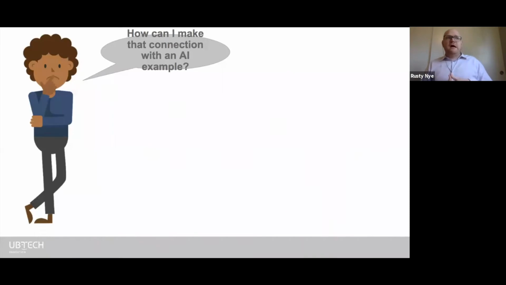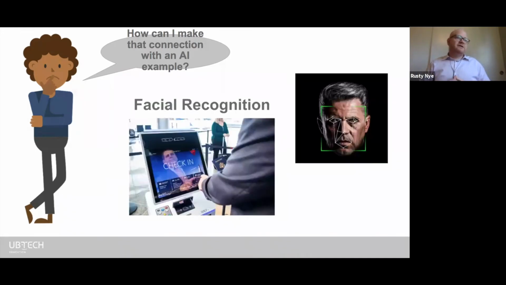So great. What are some connections and examples that students can actually see? One that I always like to touch on, that is revolutionizing our daily life, is ingrained facial recognition. You might have seen facial recognition on your cell phone to unlock your phone. Some airports are integrating this at their self-service check-in kiosks.